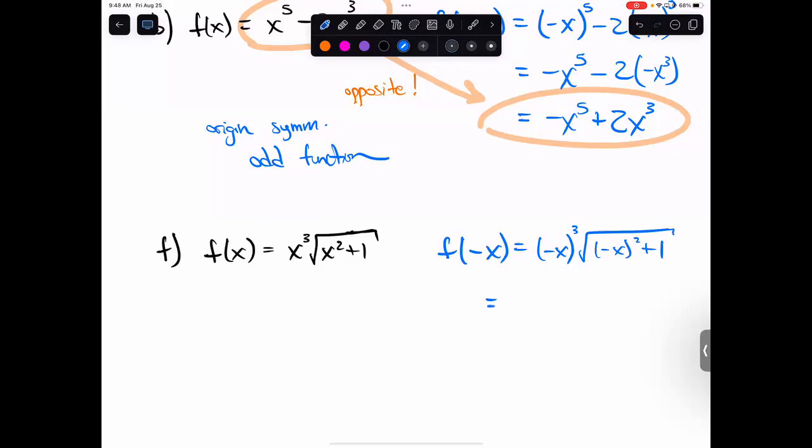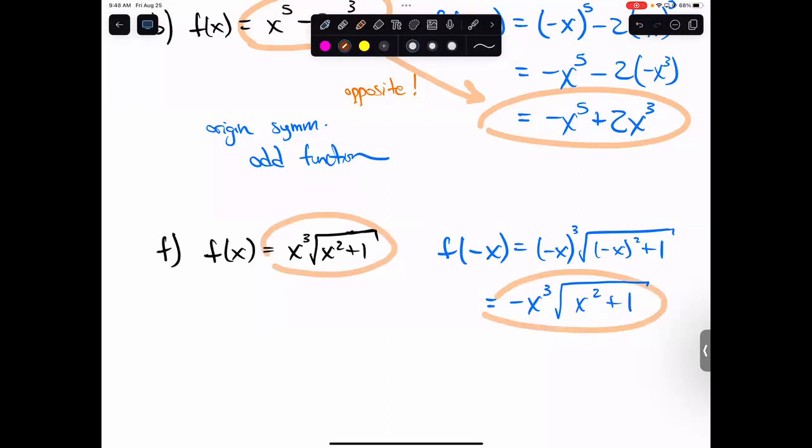So what happens when I go to clean that up? I get negative x cubed on the outside, and then x squared plus 1 on the inside, under the radical. Okay, well, if I'm comparing these two things, they're definitely not the same, right?